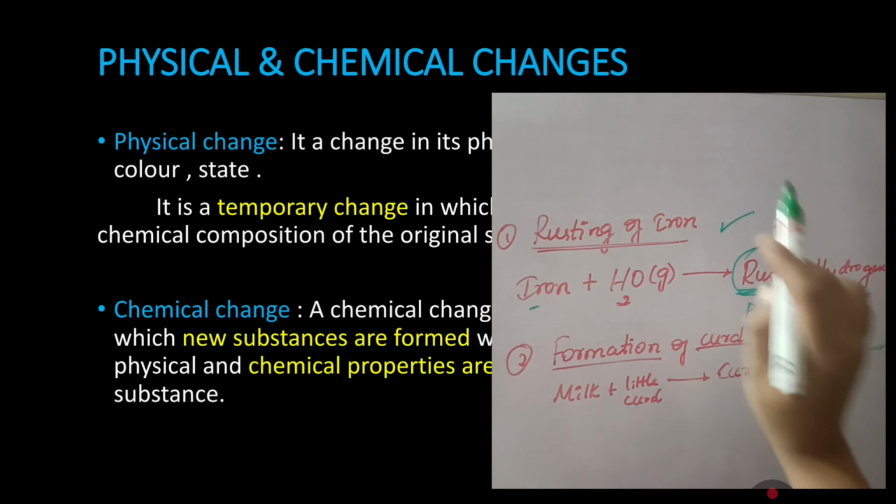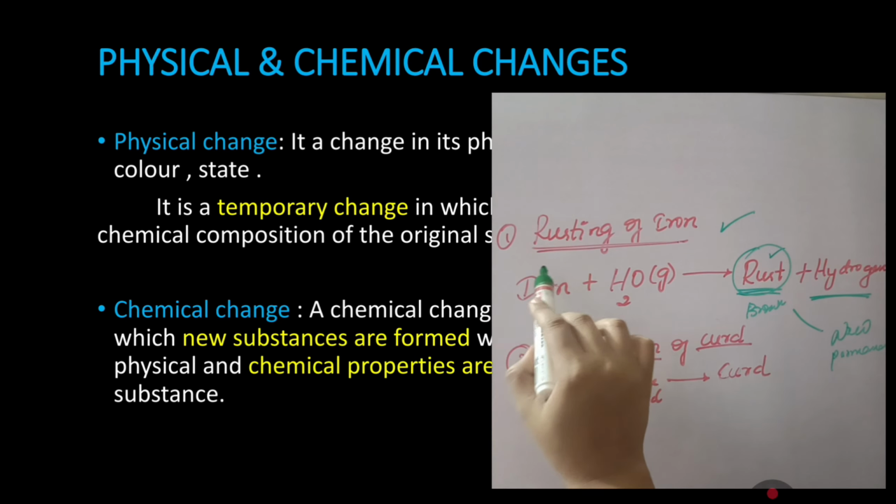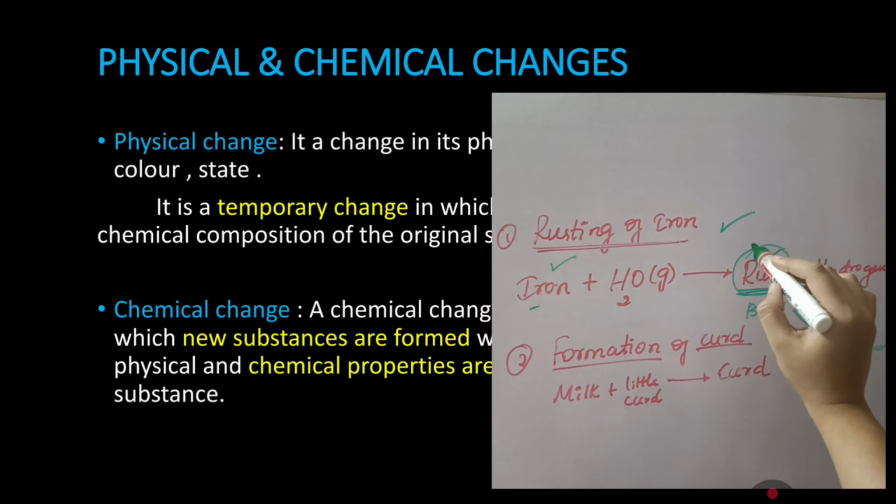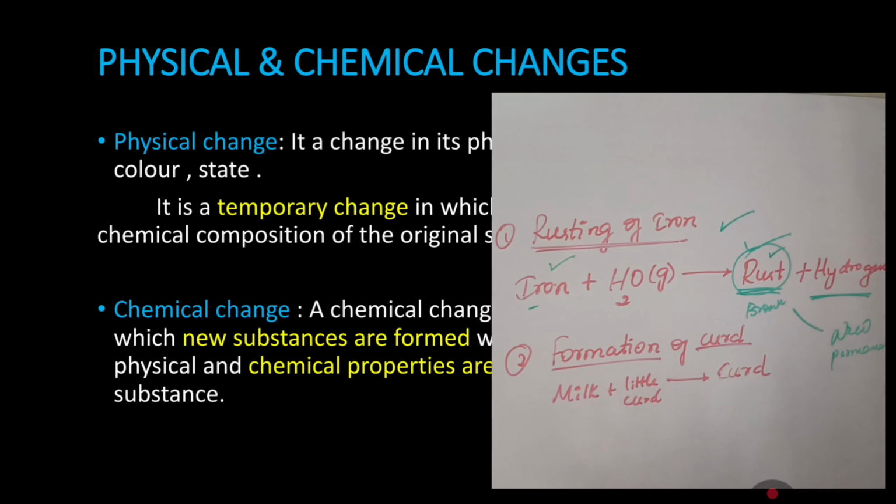So hence it is a chemical change, where the iron is transformed into a new substance, that is rust. Okay, and the second example is the formation of curd, where you take milk and add a little curd. You are maintaining a certain temperature, right? You take warm milk, add a little curd, and then it gets converted into curd.